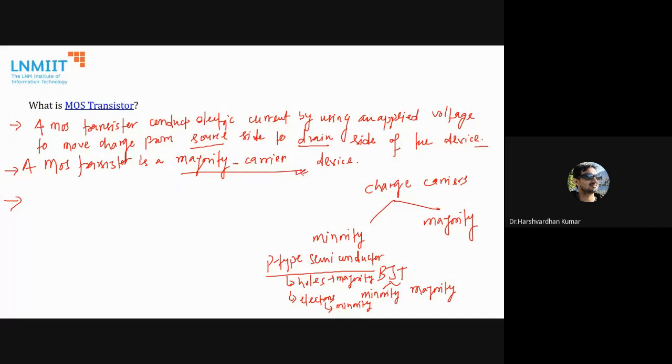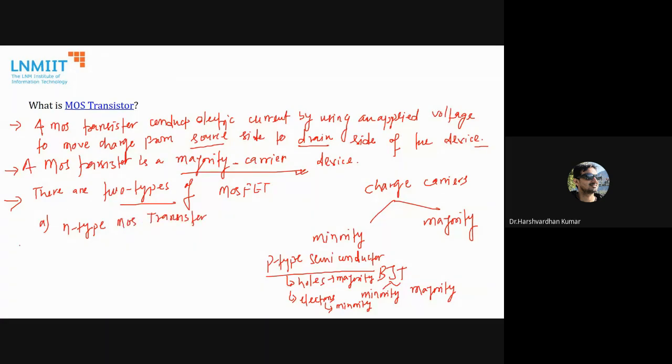Okay, got it? So based on the majority charge carriers, we can say that there are two types of MOSFET. First, the N-type MOSFET, or N-type MOS transistor.